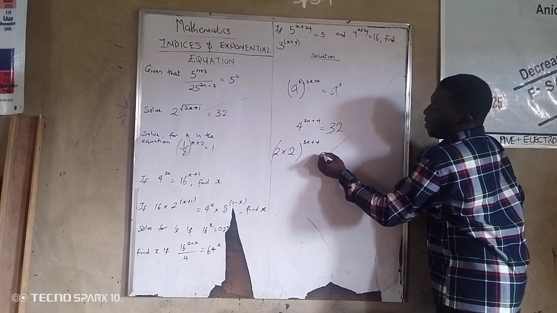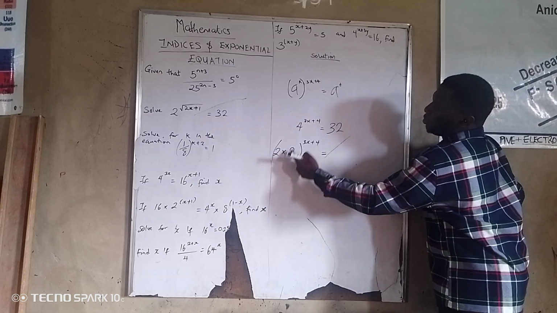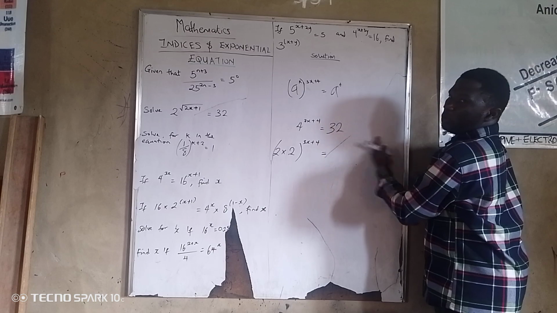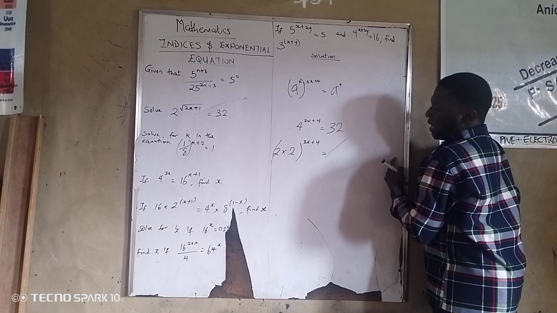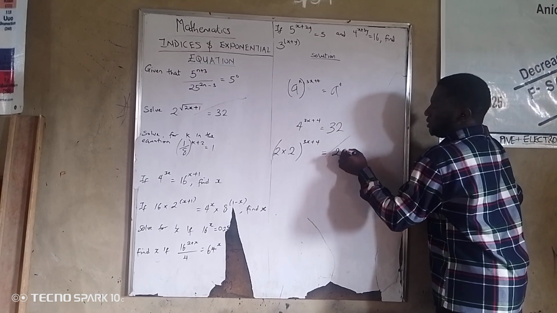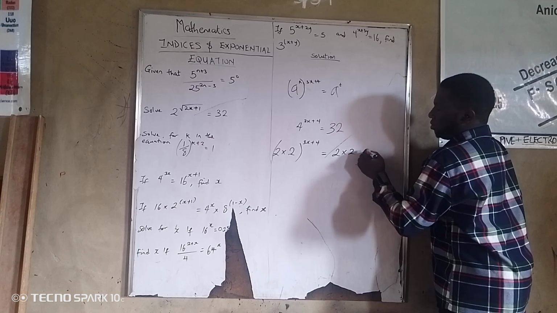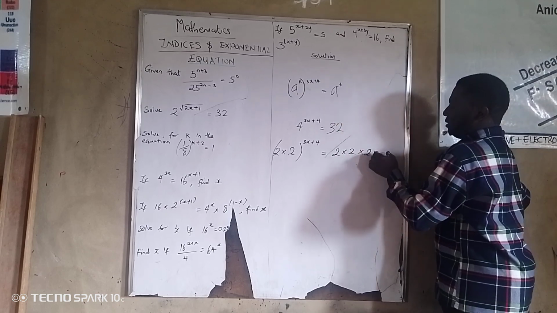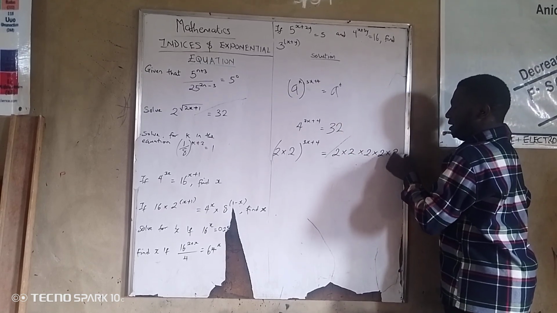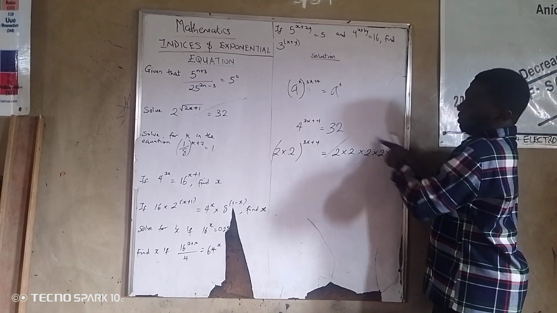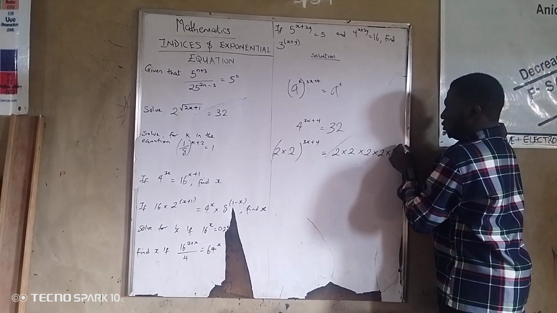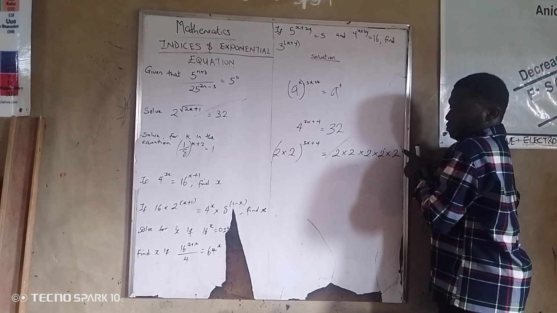The a we are using here is 2, since it is 2 that I used for 4. Let me see if 2 can produce 32 also, and you realize that it can. 2 times 2 will give 4, times another 2, 8, times another 2, 16, times the last one, 32. So all these 2's will give us this. You put 1, 1 as their power, because 2 raised to power 1 is still 2.